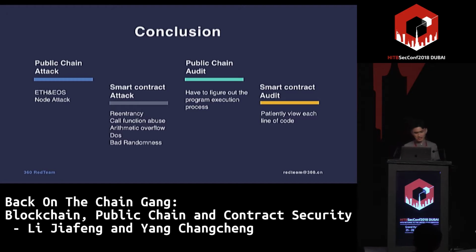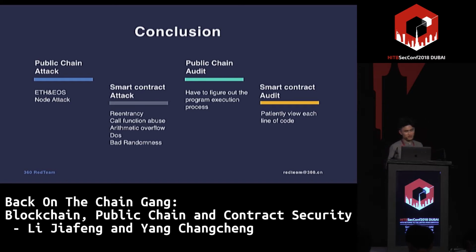And smart contract attacks are about reentrancy, call function abuse, architecture, integer overflow, DOS and bad randomness. If you are interested in this, smart contract is not just this. You can search them. There are a lot of attack scenarios.